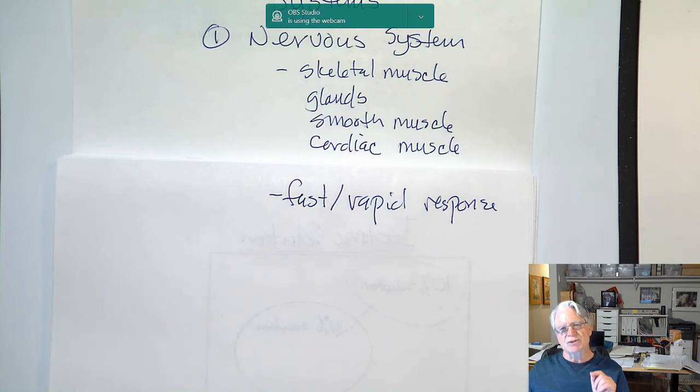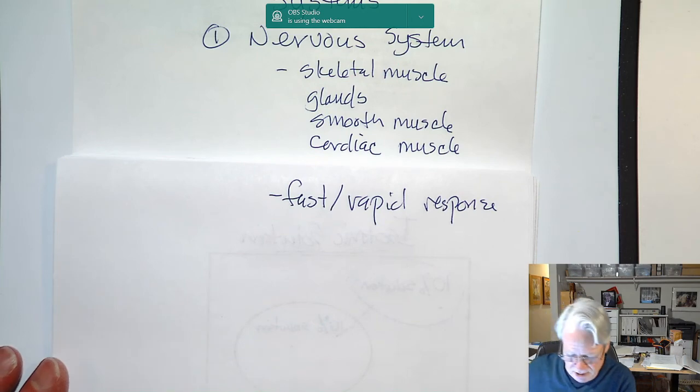What tools do we have in our toolbox to actually accomplish those things? And there's only two: muscles and glands. We only have two tools in our toolbox, a lot of T's there, to control our environment. So if you think about everything that we're capable of doing, that's pretty amazing that we can do that with just two very simple tools: muscles and glands.